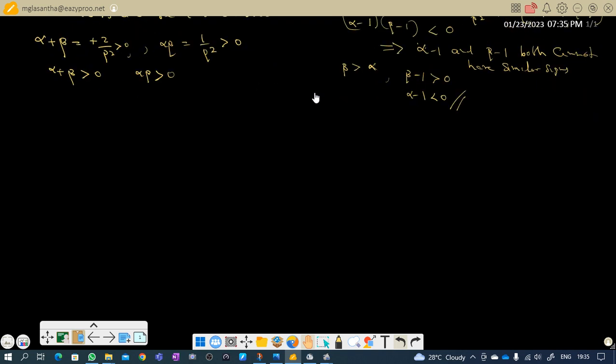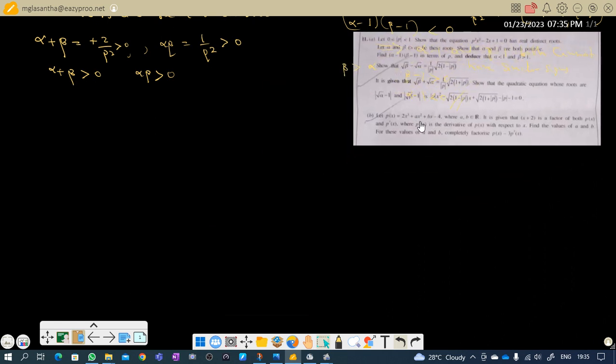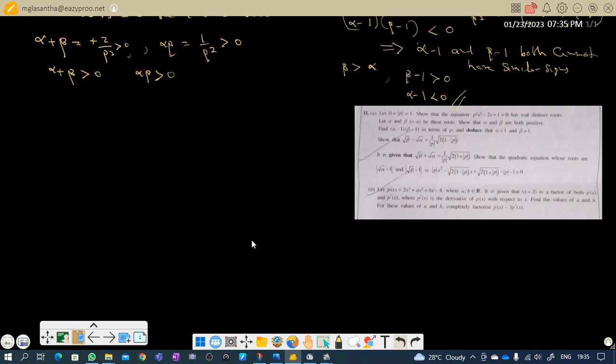you have to show that, deduce that, show that square root beta minus square root alpha equals 1 over, so this value you need. You just take the square of this.